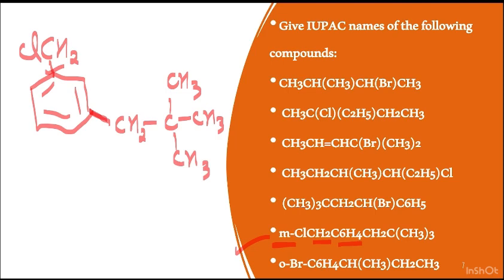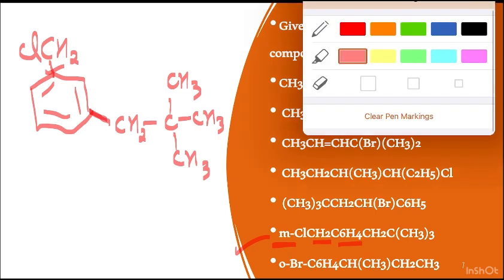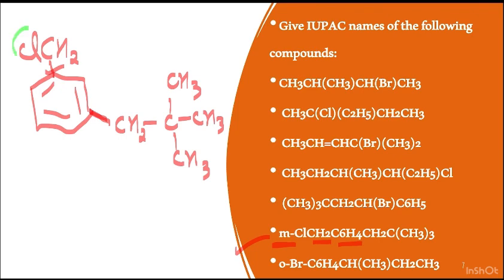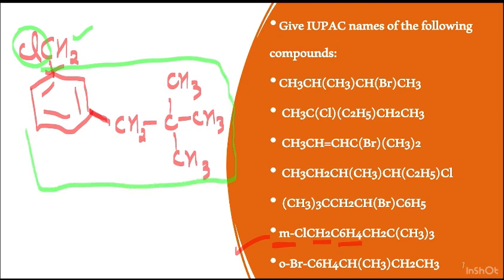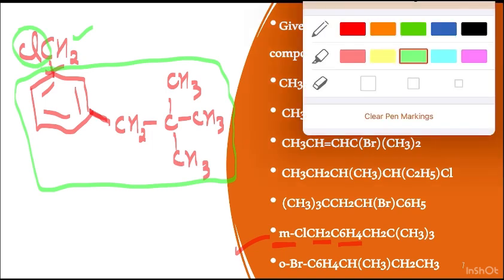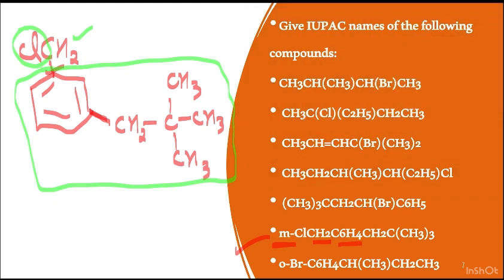Now you have to name the compound. Important one, the halogen is in the side chain. But if I consider this as the main compound and this whole as a substituent, then there is a very complex substituent, a very big substituent. In such cases, you have to consider the benzene as the main compound.